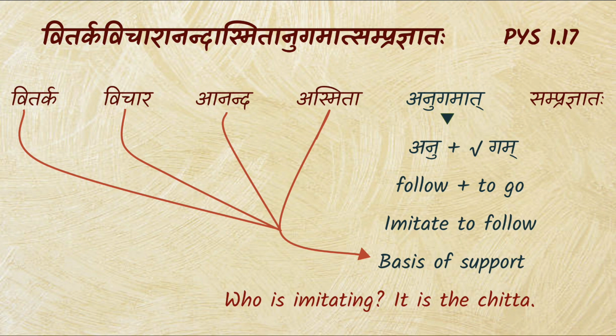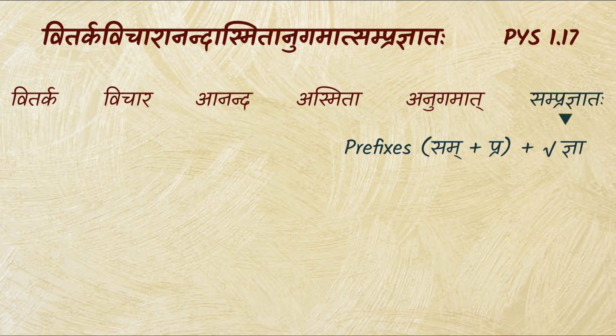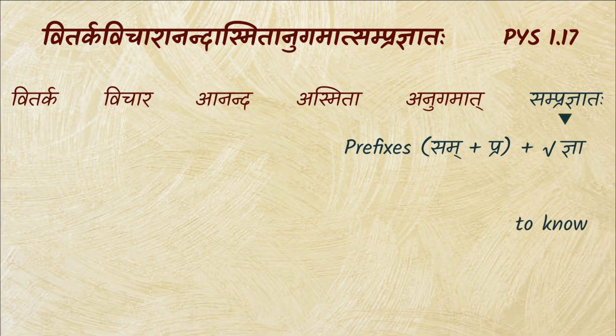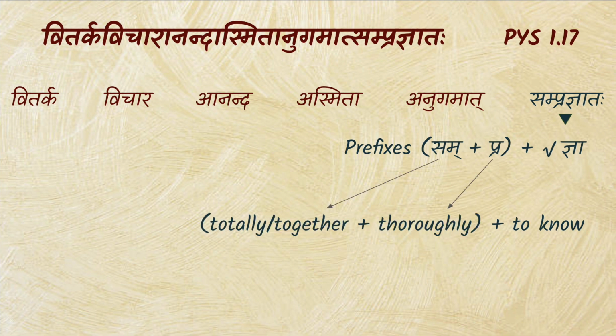And this whole domain of being in either of these four states is called samprakyat, as indicated by the word samprakyatah, which is composed of the prefixes sama and pra to the root word gya. The root word gya means to know or to understand, and the prefixes sama and pra refer to totally and thoroughly respectively.